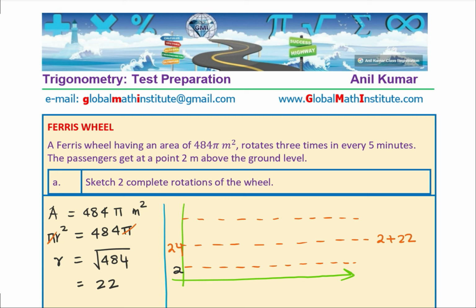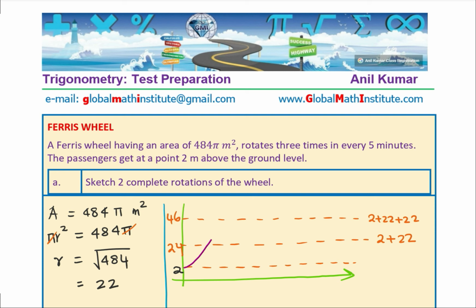And then the maximum will be 2 plus 22 plus 22? That means the diameter we have to add, right? So that gives you the maximum of 46. Correct? So let's sketch the cycle starting from the bottom.